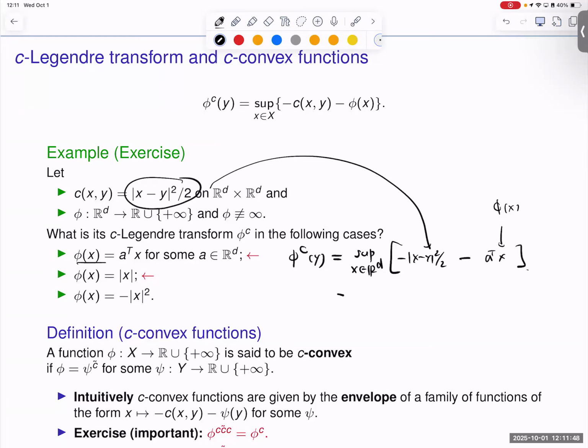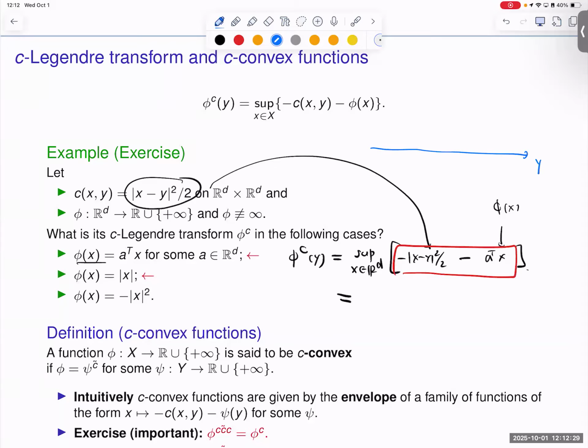What should such a function be? To understand this, you first want to consider this expression for each particular x. Now this is a function on the y space.